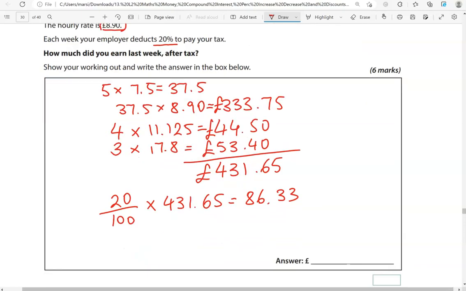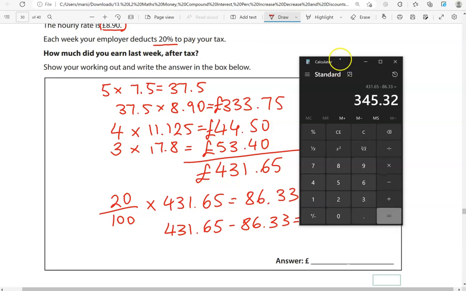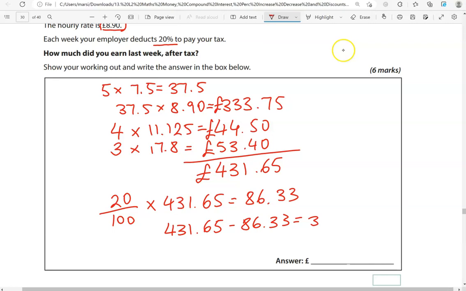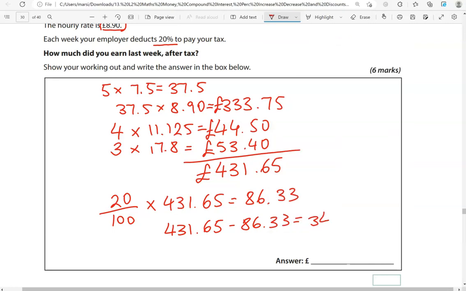So we need to take that away. Which is £345.32.